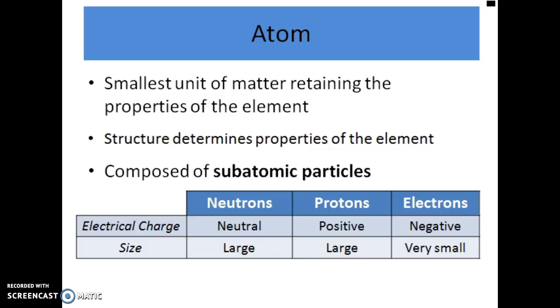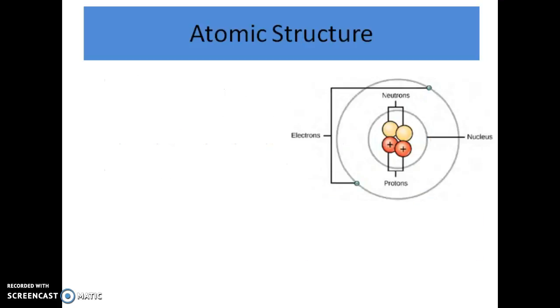All right, so let's look at that. Let's look at an atom and let's look at what that structure looks like. Here's an example from the textbook. We can see in our example atom here those three subatomic particles, the neutrons, the protons, and the electrons. And one of the things that you might notice here is that the protons and neutrons are right in the middle.